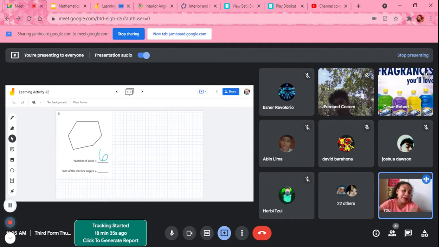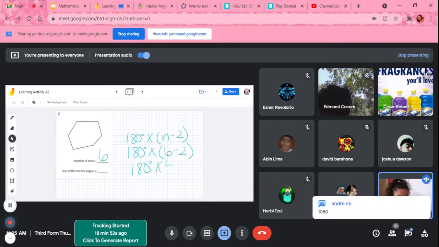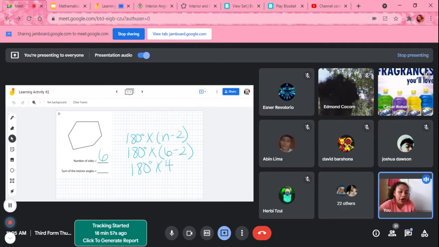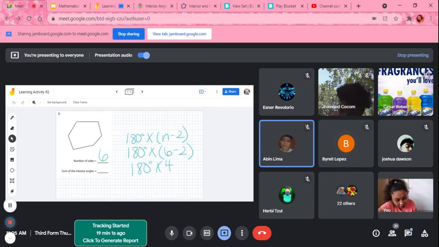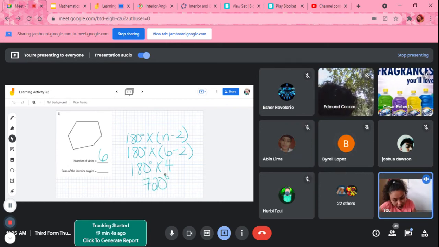And I repeat the same thing, same formula, right? 180 degrees times n minus 2. In this case n is 6. 180 degrees times 6 minus 2 gives me 4. And 180 times 4, what does that give you? 720 degrees. Very good. And that is your answer.